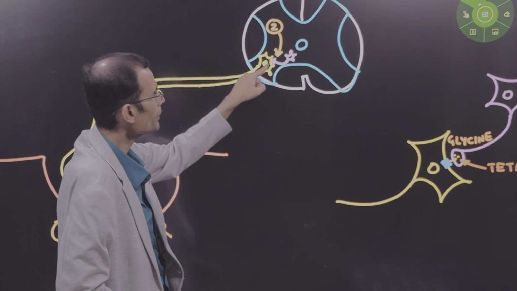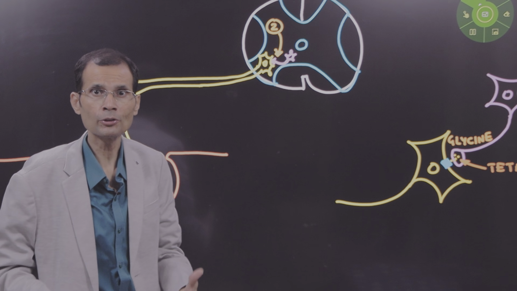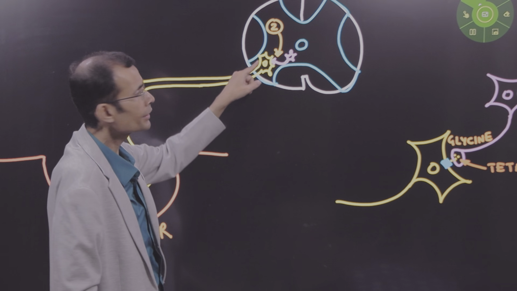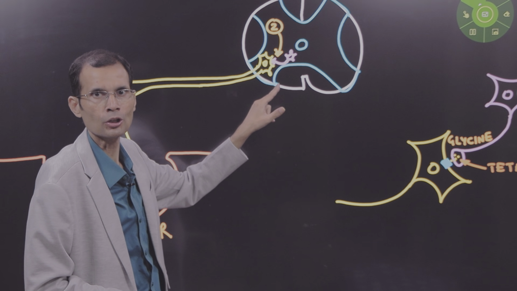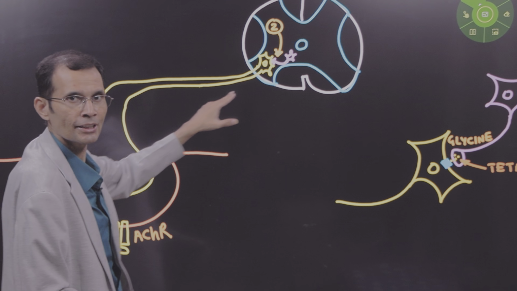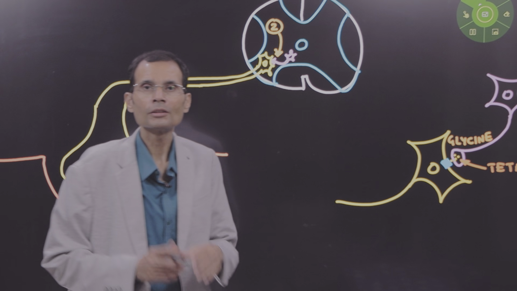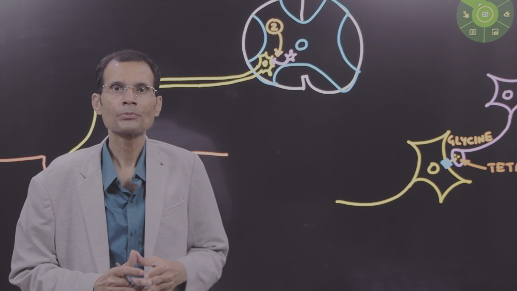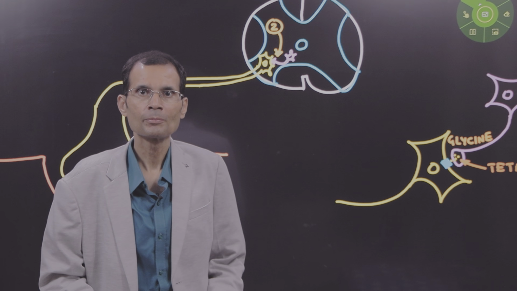So this inhibitory interneuron, whenever it fires, and it fires regularly, it will reduce the excitability of the anterior motor neuron. It will decrease the signaling sent by the anterior motor neuron to the muscle. Now, the tetanus toxin and strychnine poison, how do they act?